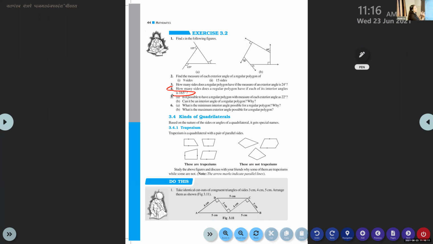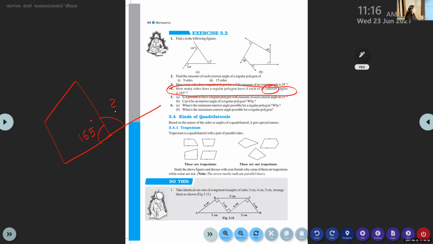How many sides does a regular polygon have if each of its interior angles is 165 degrees? Instead of the exterior angle, the interior angle is given. So you have to take care, because when a polygon has an interior angle of 165 degrees, you should find the corresponding exterior angle.